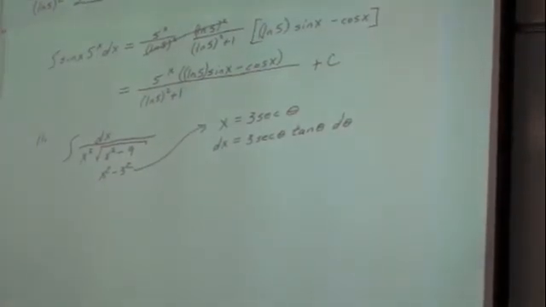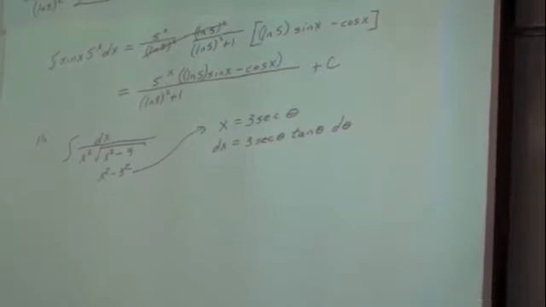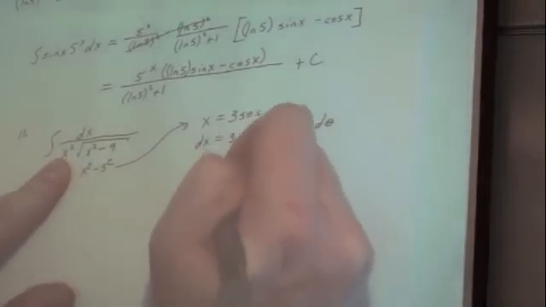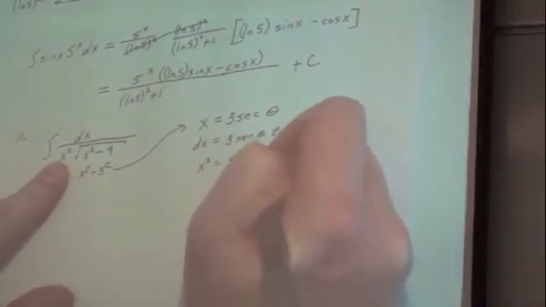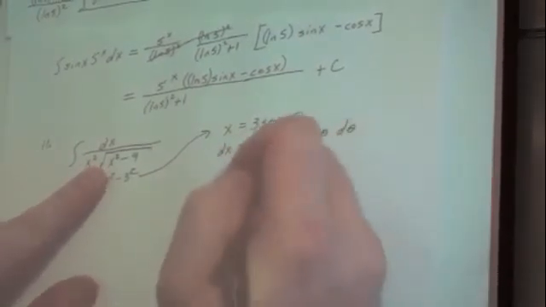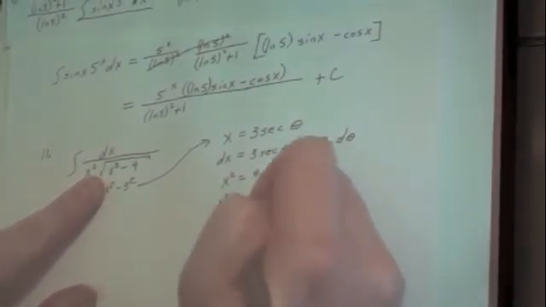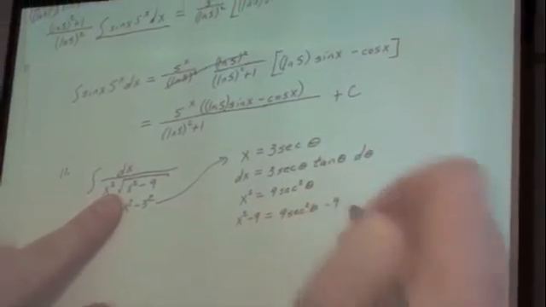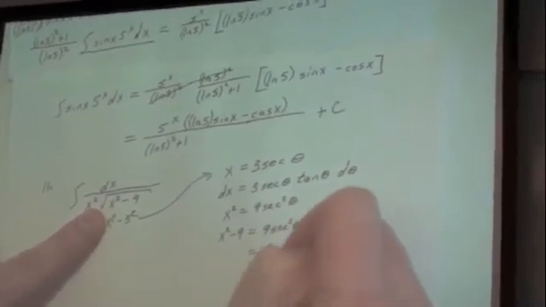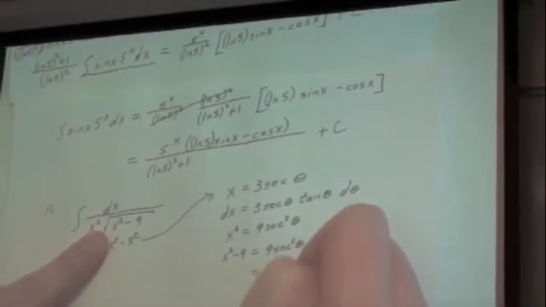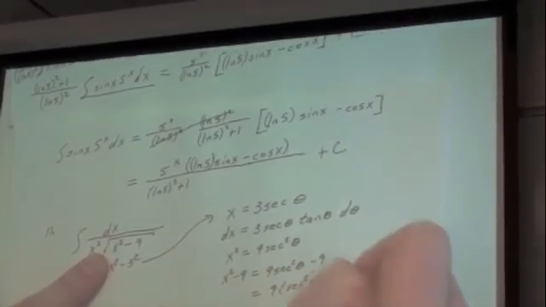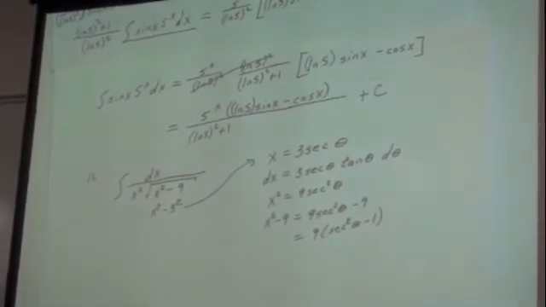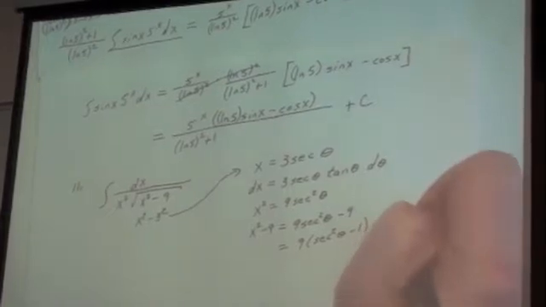Now, before I go back into the problem, I would recommend thinking about what all these terms are. x squared is simply going to be 9 secant squared theta, x squared minus 9 is going to be 9 secant squared theta minus 9, which you could factor as 9 times secant squared theta minus 1. That's one of our Pythagorean identities. Secant squared minus 1 is tangent squared. So this is 9 tangent squared theta.